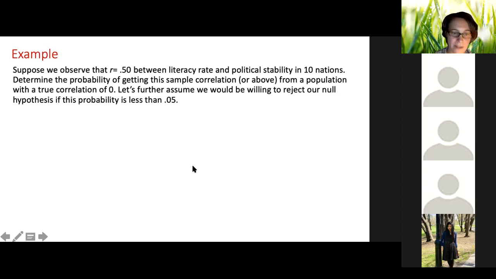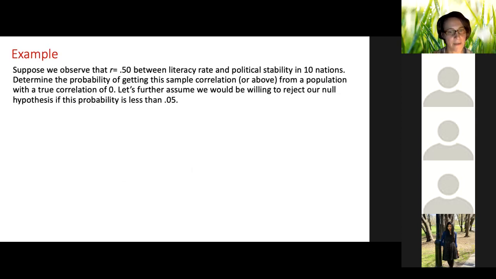Exactly, right? So in this case, our nations are the observation units. These are basically our subjects. And for each nation, we have two observed values, X and Y. Our two variables are literacy rate and political stability.